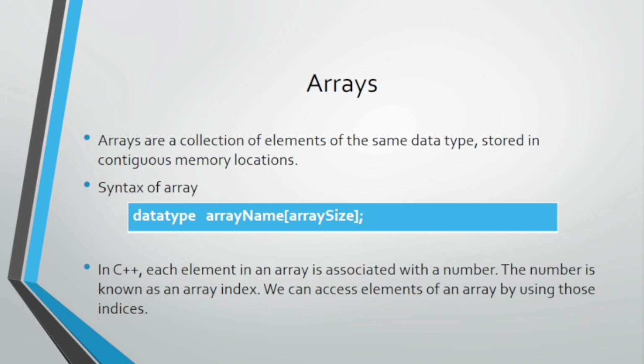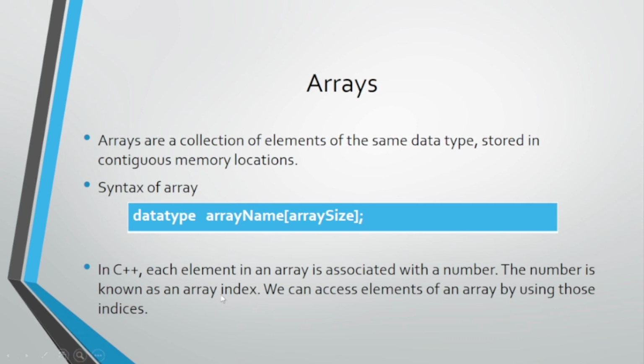So what will you do? Will you write a hundred variables, or will you prefer writing something that will hold those 100 values? So this is where the concept of array arises, where we can store multiple variables of the same data type.